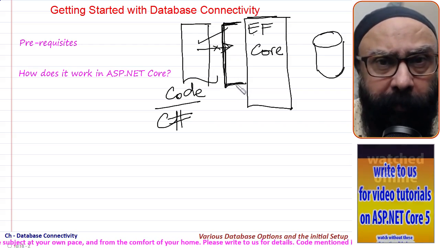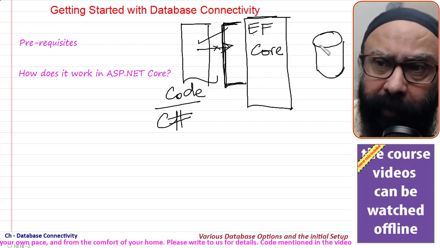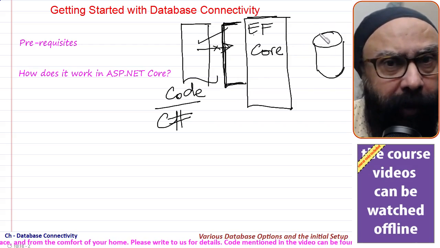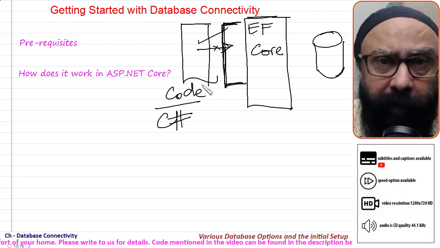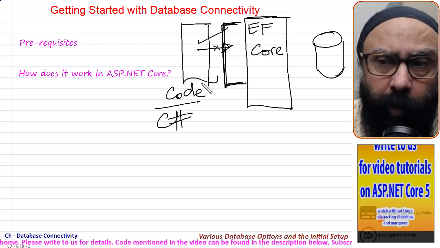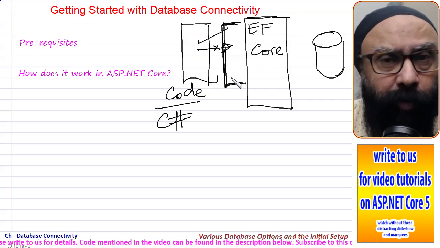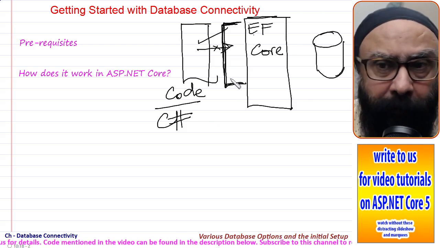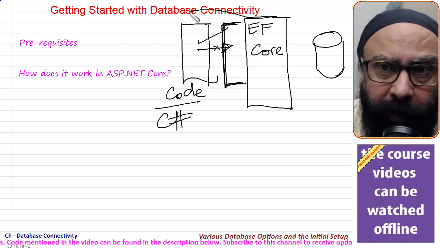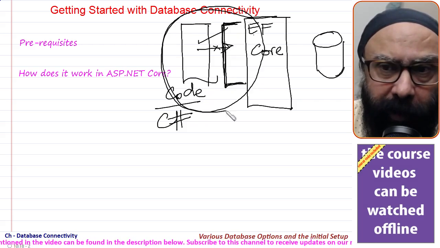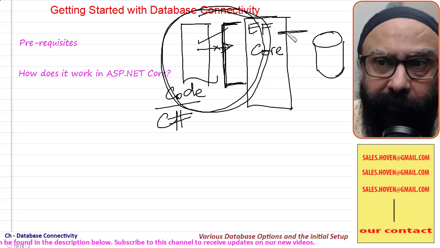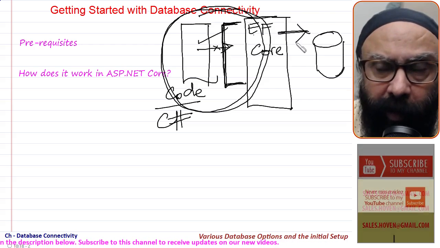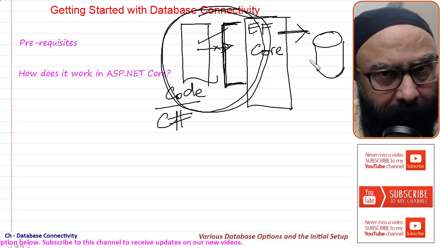They are going to remain the same no matter what database you have on the right side. This means your C# code is independent of the database to which you are connecting. Because you are writing code that is talking only to this EF Core framework, and EF Core framework is responsible for carrying your commands to the database.